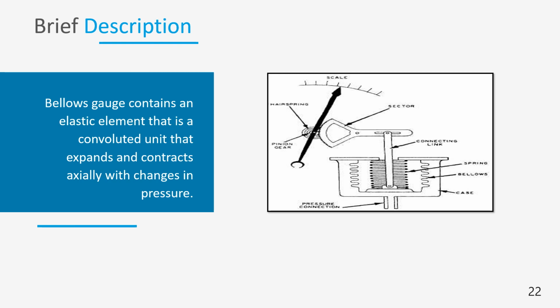The pressure to be measured can be applied to the external or internal part of the bellows. However, in practice, most bellows measuring devices have the pressure applied to the outside of the bellows.